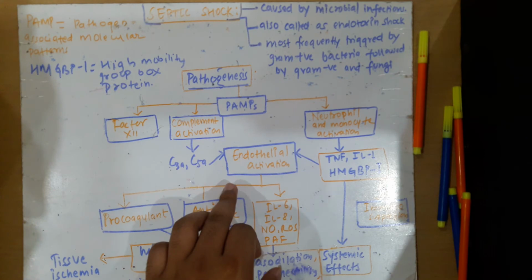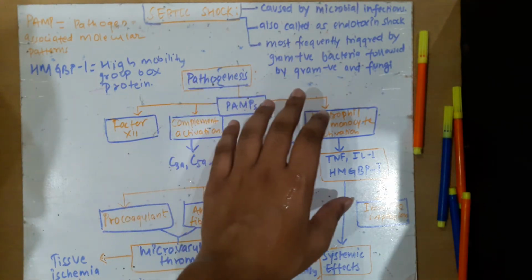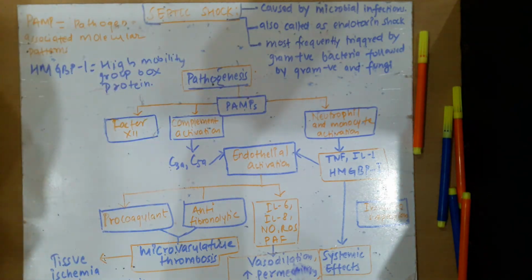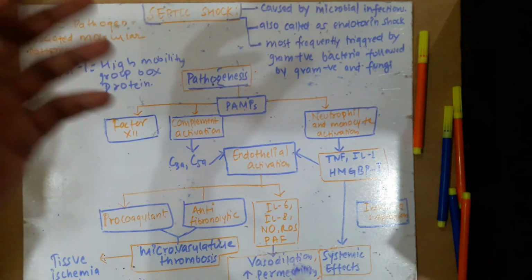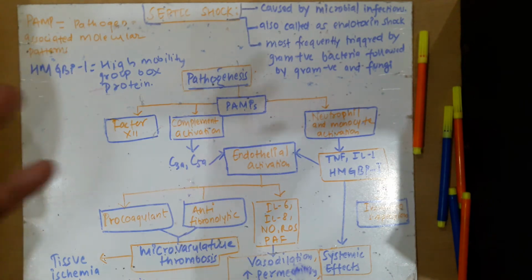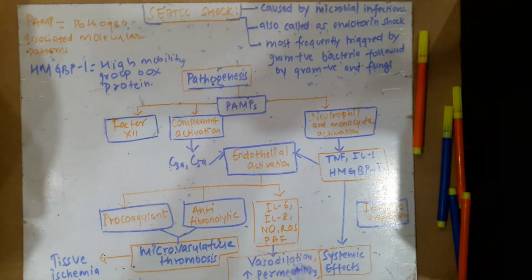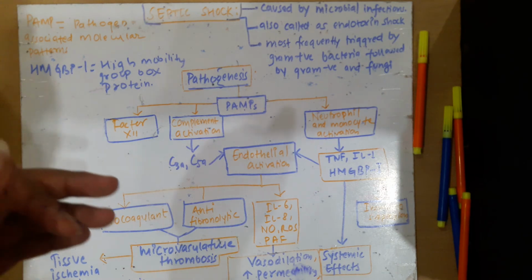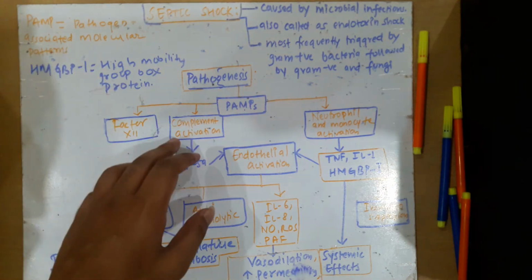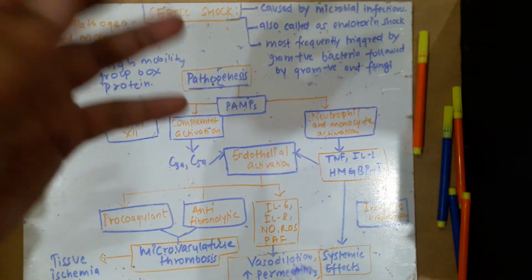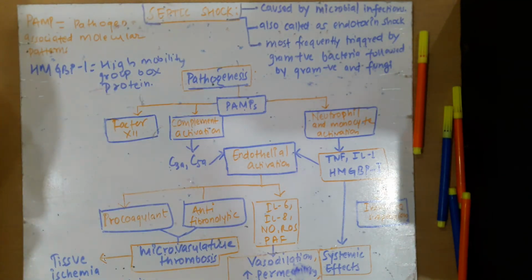Okay, now not only endothelial activation, they also cause the activation of the complement cascade. They activate the complement cascade either directly or indirectly, okay, indirectly through the proteolytic activity of plasmin.